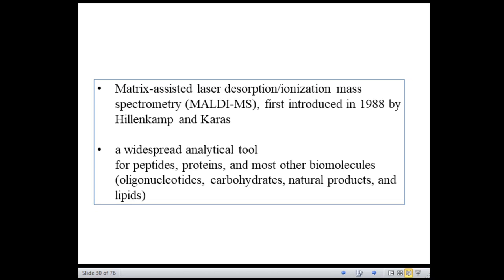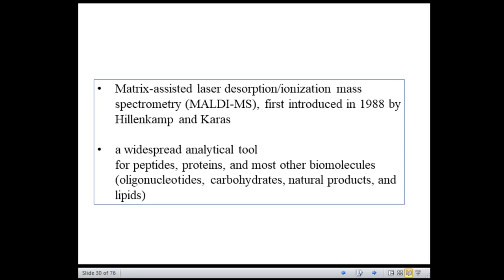The matrix also serves as a proton donor and receptor, which act to ionize the analyte in both positive and negative ionization modes. We will discuss what the positive and negative ionization modes mean after we understand MALDI.